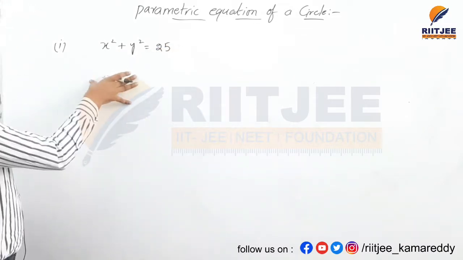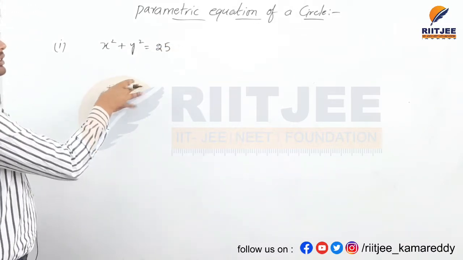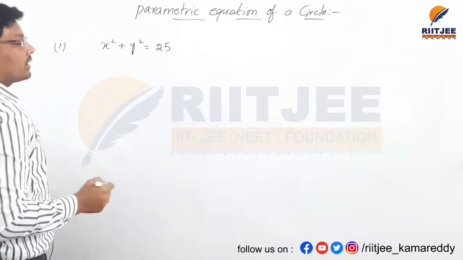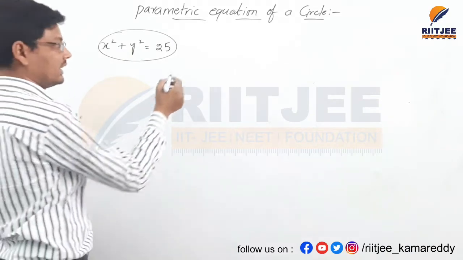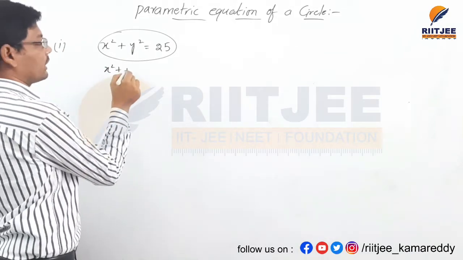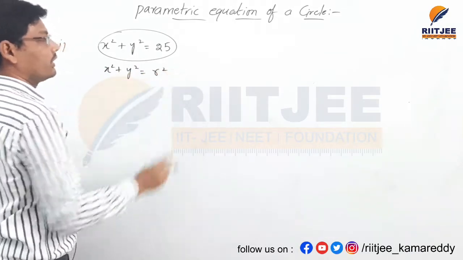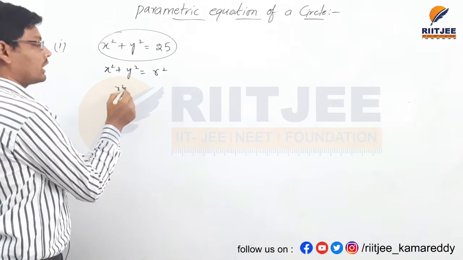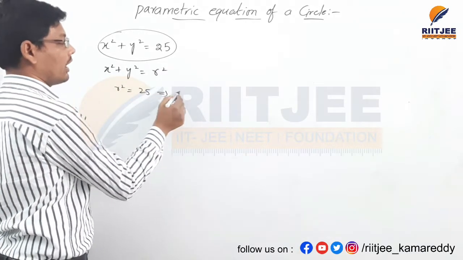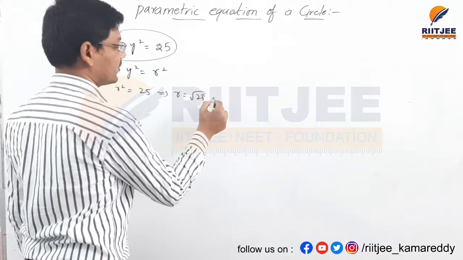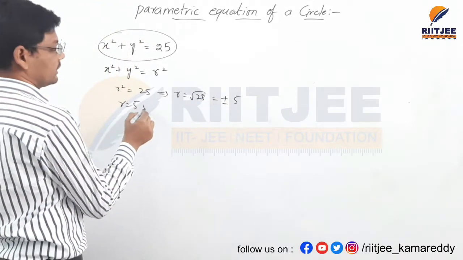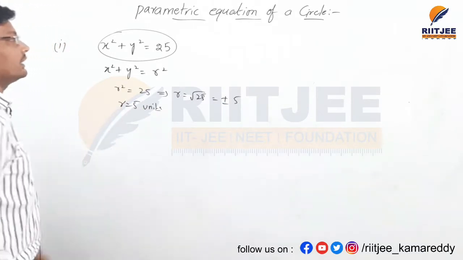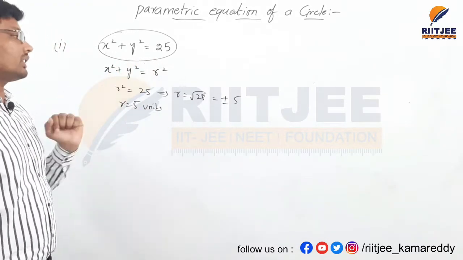Here this is a circle with center at the origin, because it is the standard form of a circle equation, x square plus y square is equal to r square, where r square is equal to 25. Then r is equal to square root of 25, that is plus or minus 5. Here r is equal to 5 units. This is the radius.